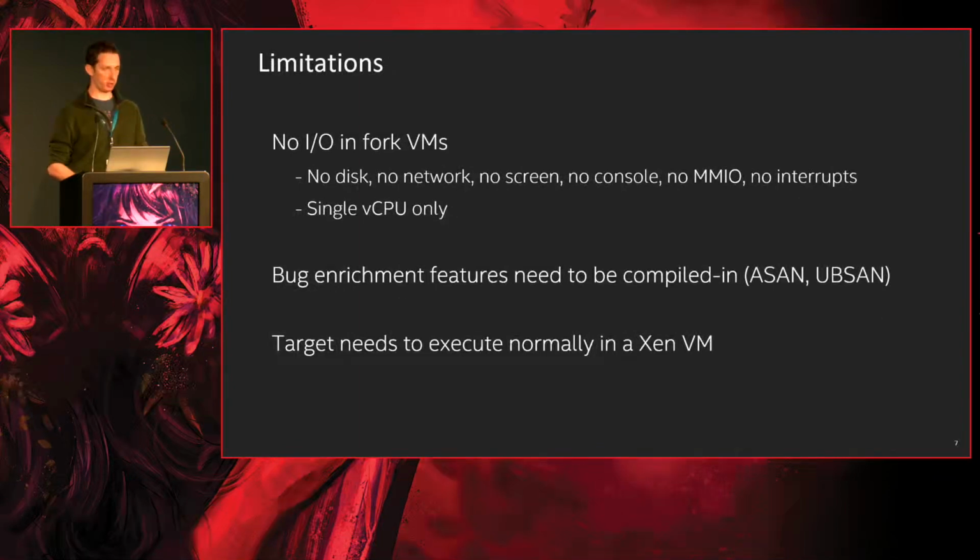Now, there are some limitations when you're fuzzing with these fork VMs, in that there is absolutely no I/O of any kind when the fork VM is running. That means that there is no disk, no network, no screen, no console, not even MMIO or interrupts. That fork VM is literally running just with CPU and memory, so you have to take into consideration that the code that you are fuzzing is not something that is highly interactive.